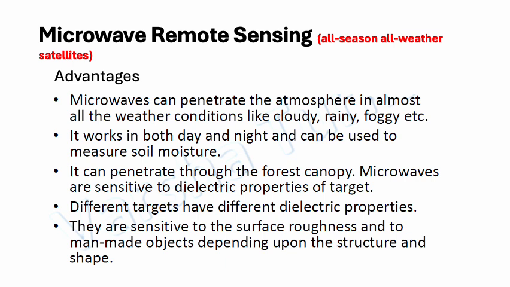It can classify targets based on dielectric properties. It can also be used to measure soil moisture. Microwaves are also sensitive to the surface roughness. Due to all these properties, microwaves can give a unique signature of the target on the Earth's surface. So by using microwave remote sensing, we can actually classify the type of vegetation, the type of crops and many other things.